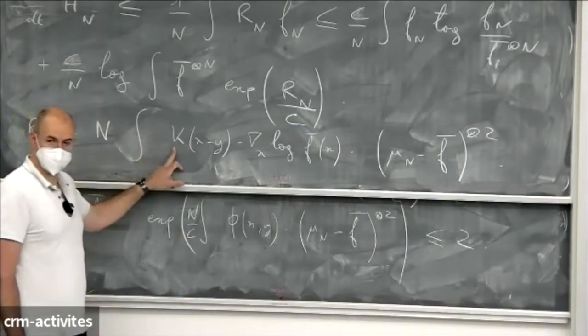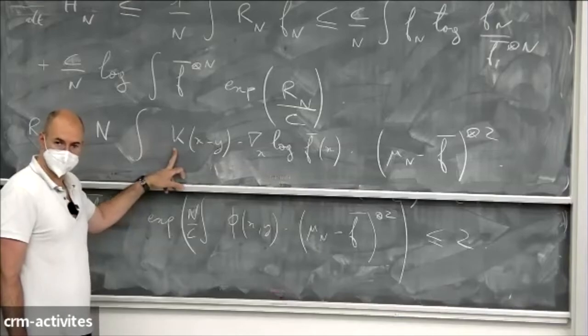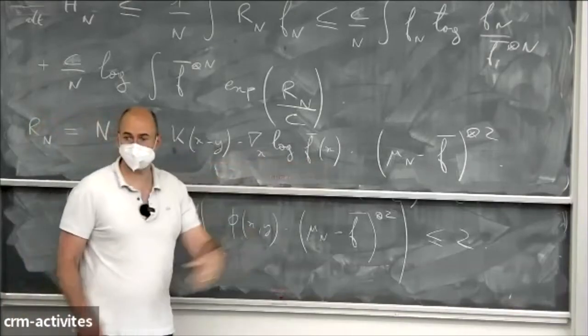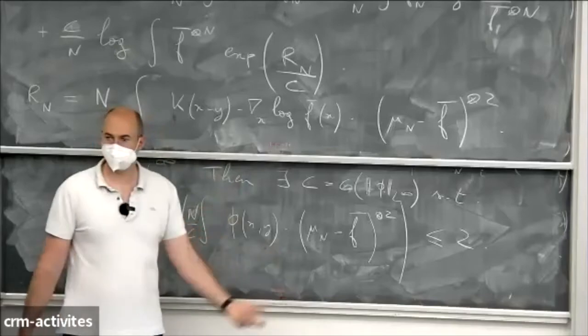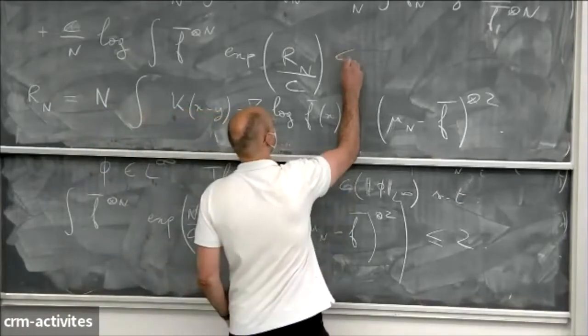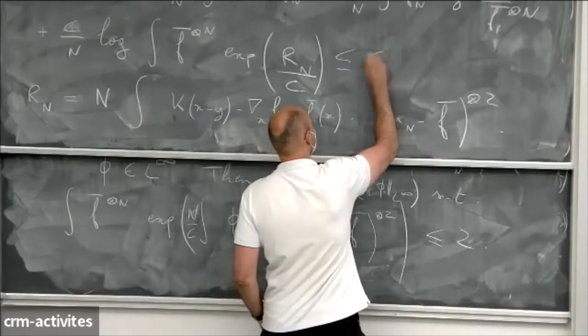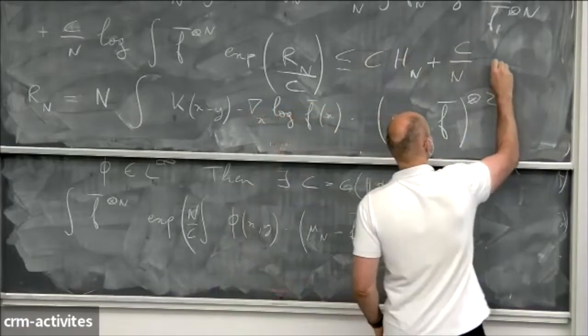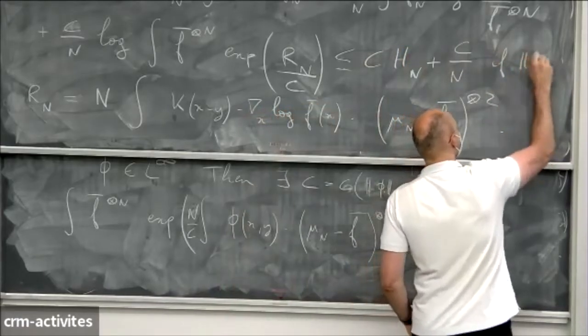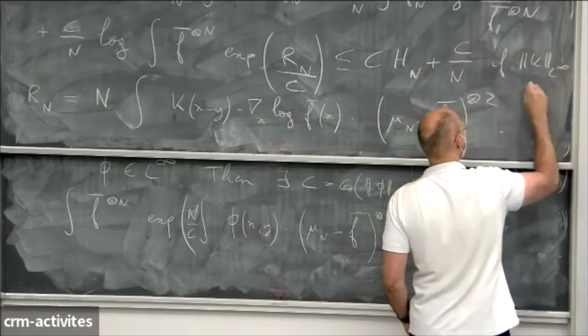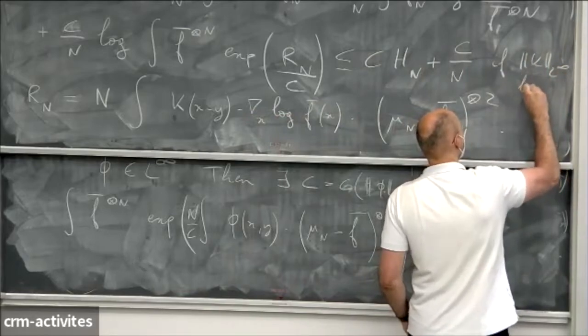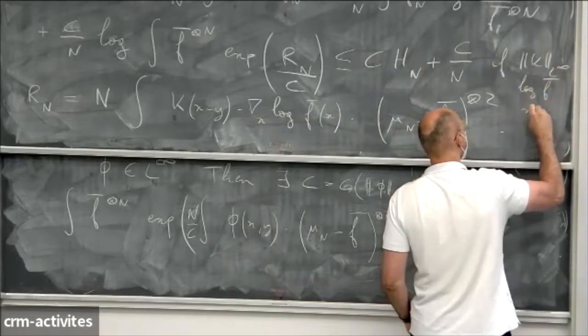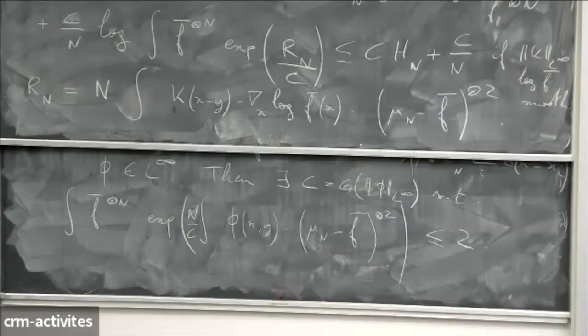Provided that k is in L infinity, and provided that log of f bar is smooth, then I can use my theorem. And what I get is this is less than c Hn t over n if k is in L infinity and log of f bar smooth. And that gives me a very straightforward theorem.